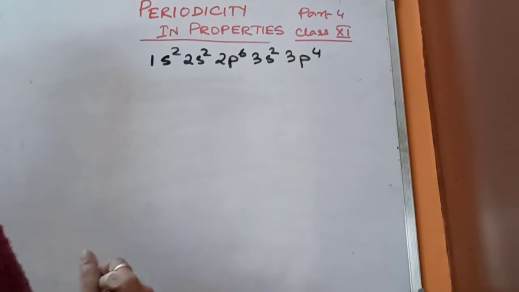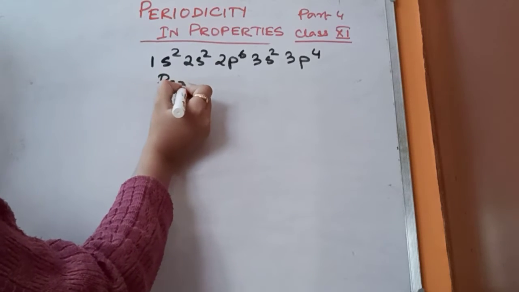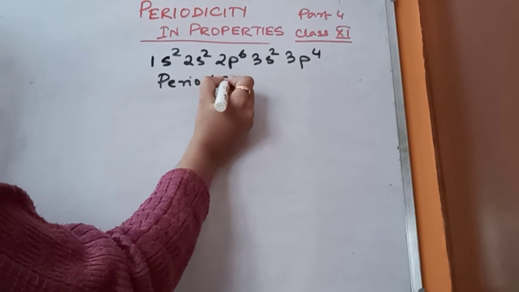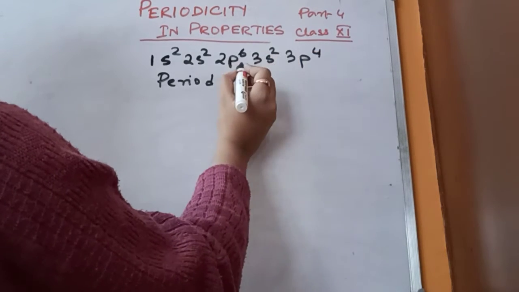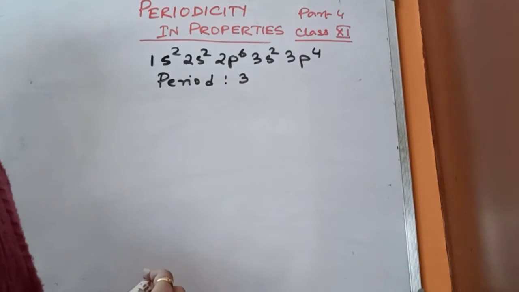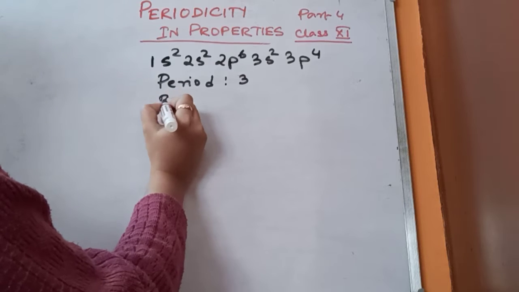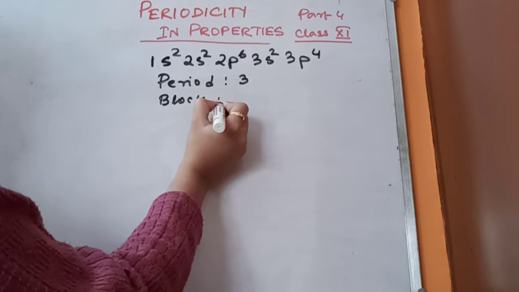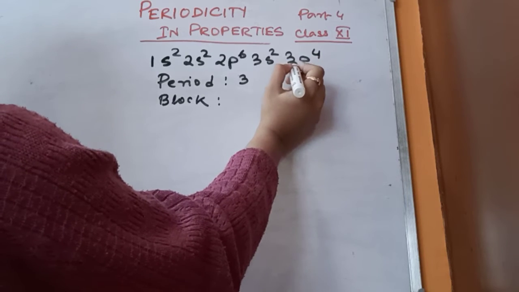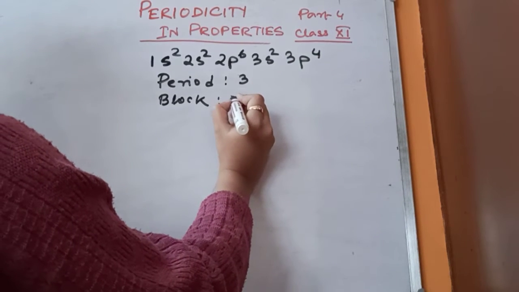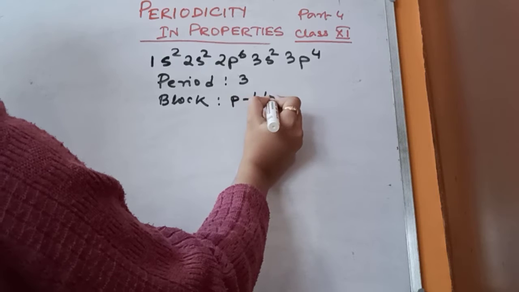Look at this. Here the outermost shell is 3, so the period number will be 3. For the block, after filling all these orbitals, the last electron enters the 3p orbital, so the block will be p block.